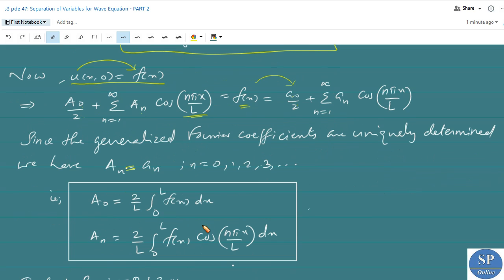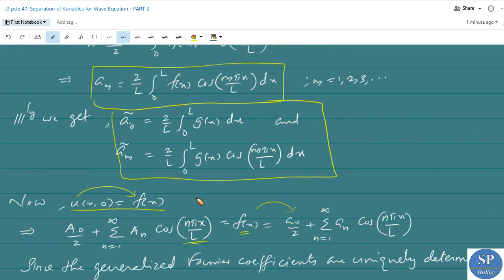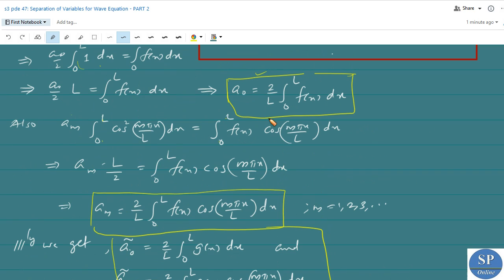That means we have the Fourier coefficients, or the constants of our solution u(x,t). A_0 is equal to 2/L, that is, this is a small a_0, which is 2/L into the integral 0 to L of f(x) dx. We have obtained A_0 is equal to 2/L into the integral 0 to L of f(x) dx, and A_n is equal to 2/L into the integral 0 to L of f(x) cos(nπx/L) dx.